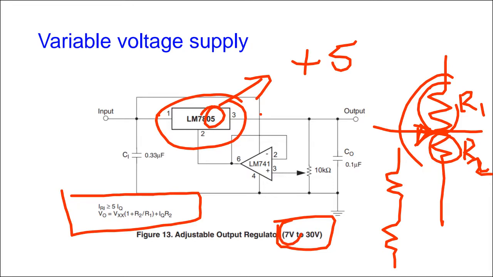It needs some voltage to be able to operate. But again, if you check the handout, you'll be able to decipher why they give it that rating, 7 to 30, and fiddle with some values. Look at the output equation, and you will see they explain that.